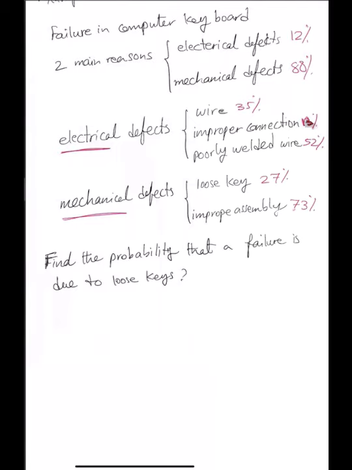I want to find the chance that this failure is because of the loose key. How do you think I have to write that, guys? So the probability that the failure is because of a loose key, I'm going to write it as loose key.